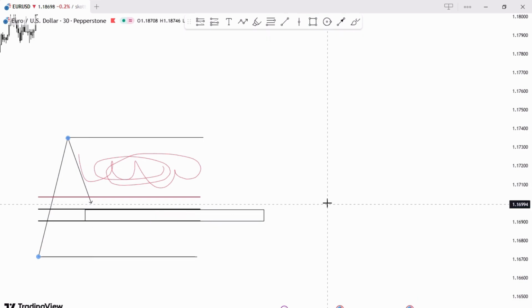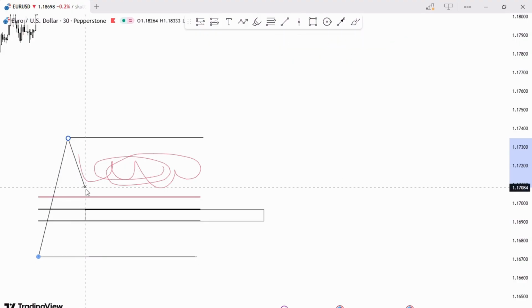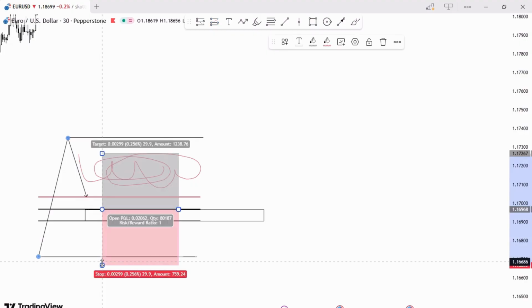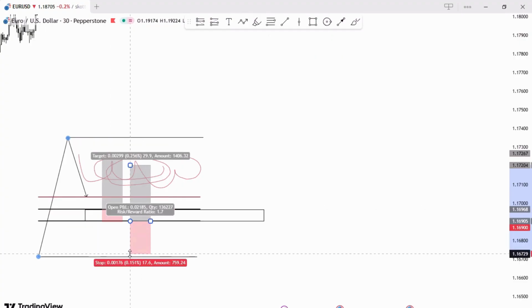Just when price starts trading below this red line, or sometimes I can even place my limits when price is still moving above the red line. But in most cases, I'll wait for price to tap into the equilibrium price, and only then I will place my buy trades. First order goes there, then second order goes here.